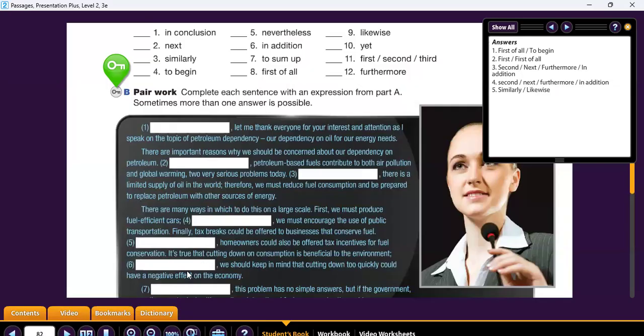6. In conclusion, we should keep in mind that cooling down too quickly will have a negative effect on the economy. Yeah, in number 6, "Nevertheless," it has a contrast. There is a contrast.